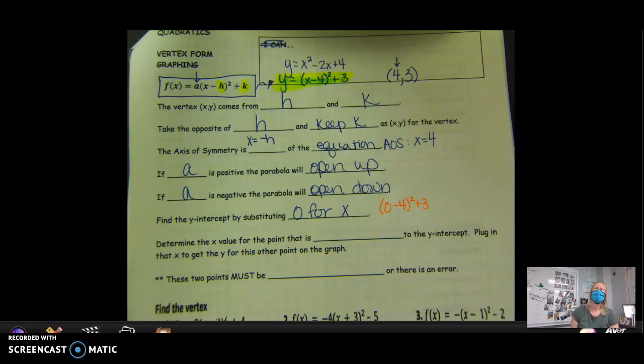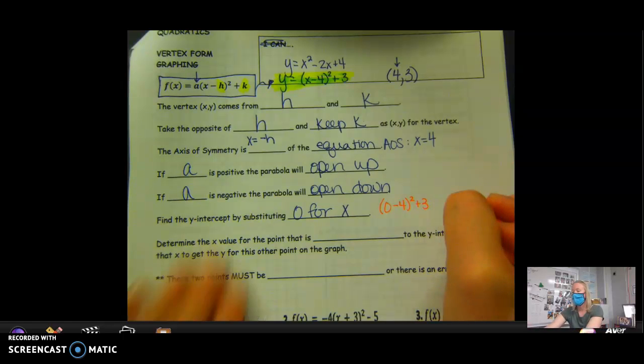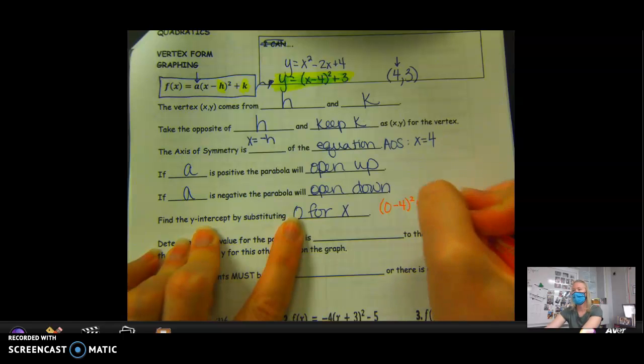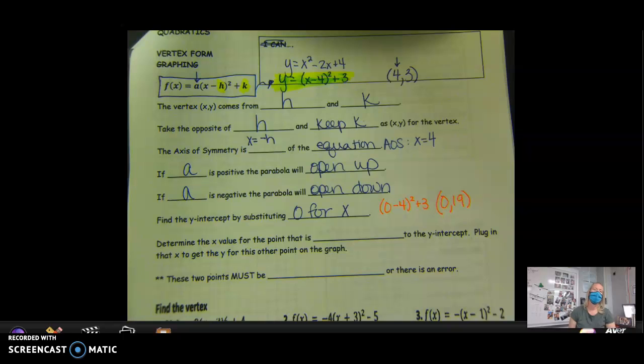What's 0 minus 4? Negative 4. What's negative 4 squared? So negative 4 times negative 4. 16. What's 16 plus 3? 19. So your y-intercept is at 19. As a point, remember we plugged in 0 for x, and we get 19 for y. That is your y-intercept.